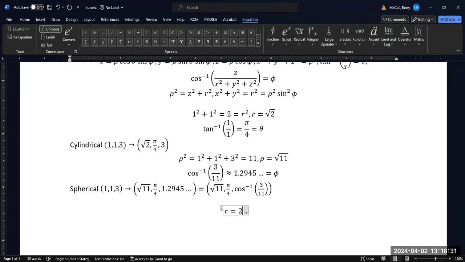If r is 2, then that means that r squared is equal to 4. We don't really need that information because we're going to use x equals r cosine theta, and x is then 2 times cosine of pi over 3.